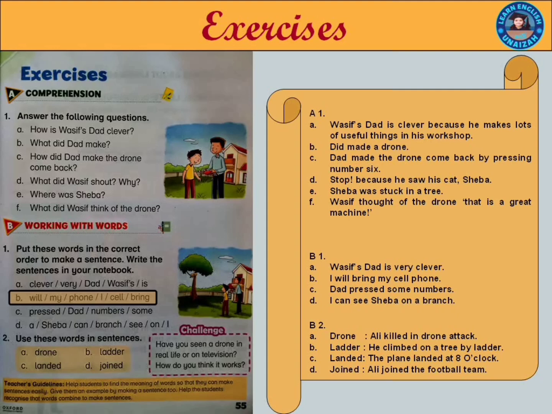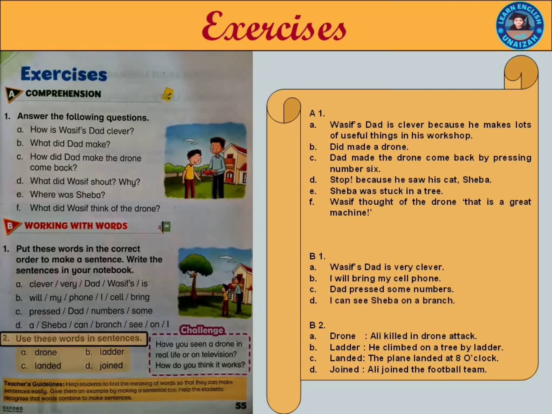Will my phone I sell bring? I will bring my cell phone. Pressed dad numbers some. Dad pressed some numbers. A Sheba can branch see on I. I can see Sheba on a branch.